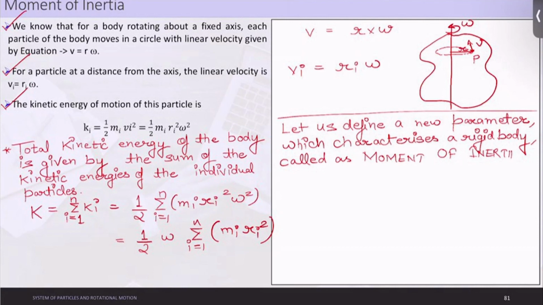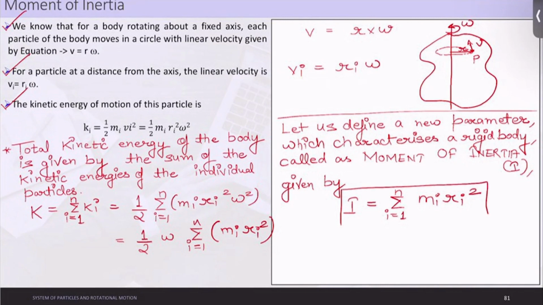Moment of inertia, which is denoted by capital I, is given by I is equal to summation i from 1 to n of m_i r_i square. That is the definition of moment of inertia.